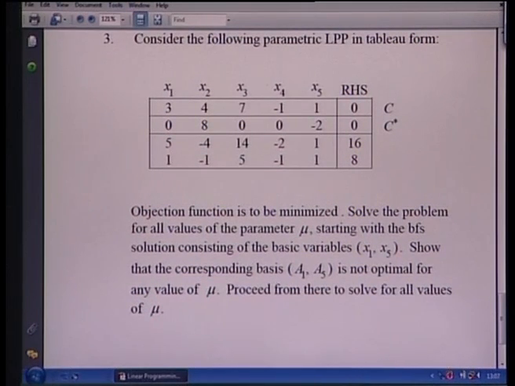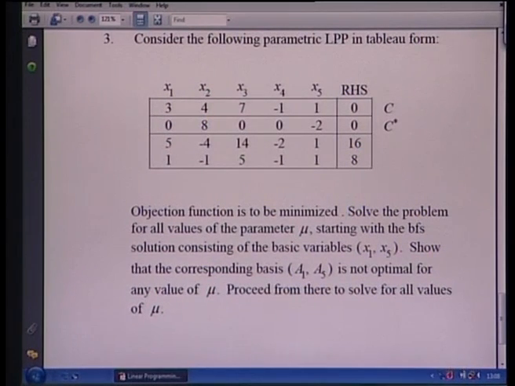The objective function is to be minimized. Solve the problem for all values of the parameter mu, starting with the basic feasible solution consisting of the basic variables x1, x5. That means your starting basis will consist of the columns A1 and A5.